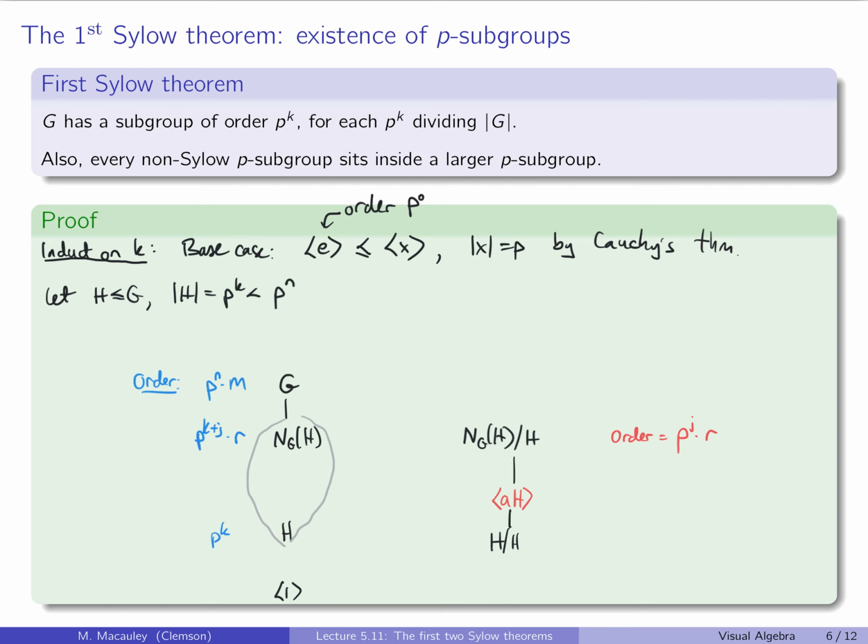So this has order 1 and this has order p. And then by the correspondence theorem, this coset here corresponds to some subgroup over here. So I'm just going to call that, how about H prime?